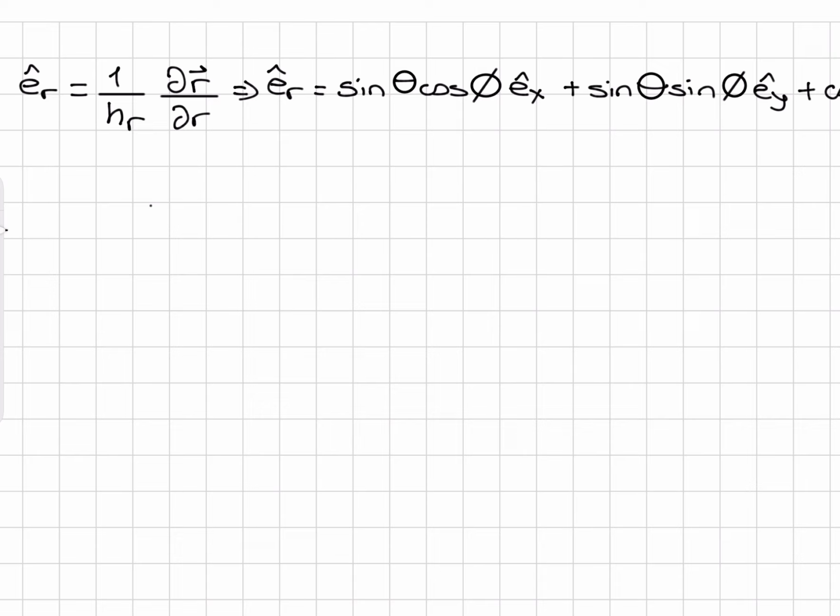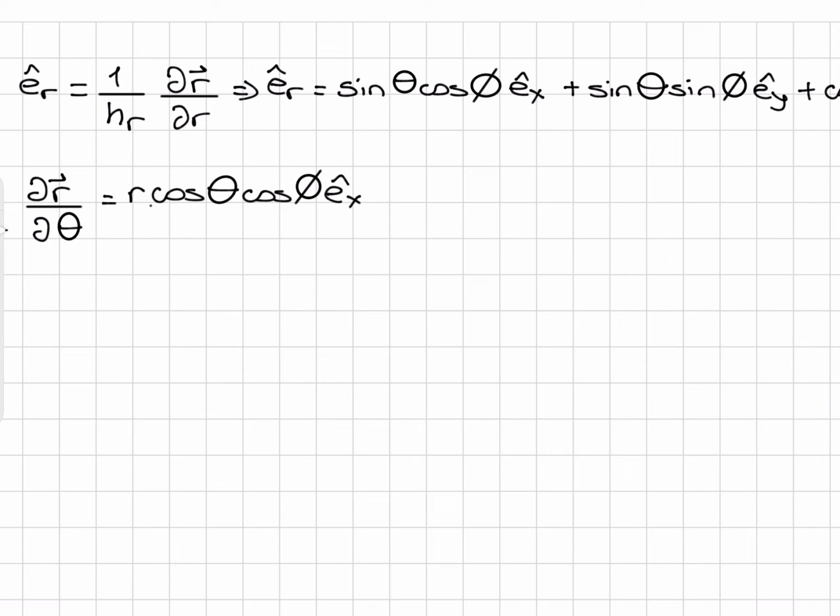Now we can work on the theta part. So let's take a derivative of the position vector r with respect to the angle, polar angle theta. So from r sine theta cosine phi, I will get r cosine theta cosine phi in ex hat direction.